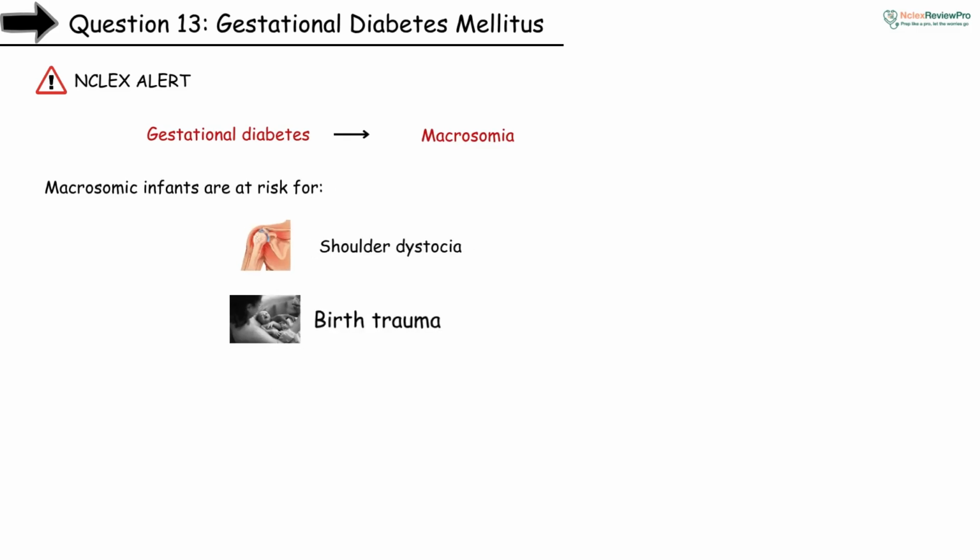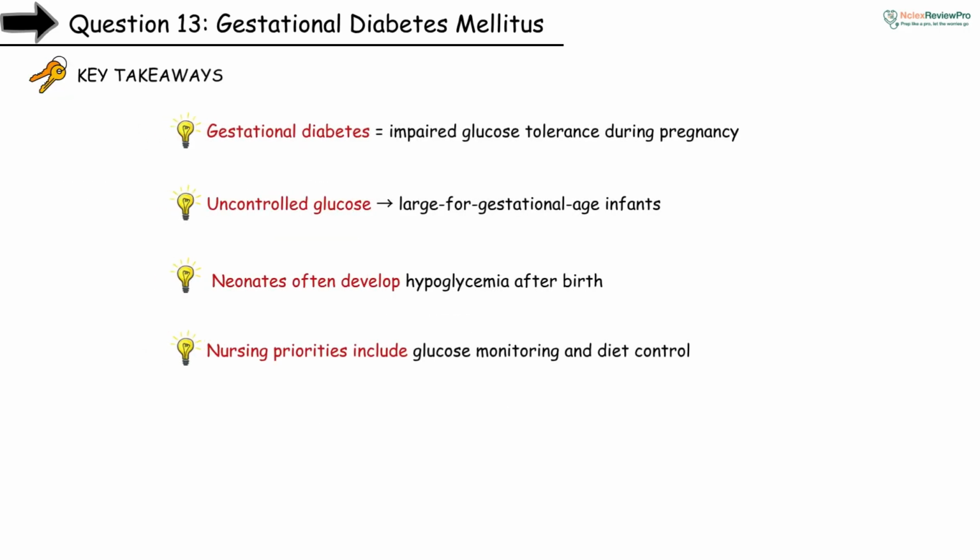Here's your NCLEX alert. When you see gestational diabetes, you should immediately think macrosomia, and macrosomic infants are at risk for shoulder dystocia, birth trauma, and neonatal hypoglycemia. Also, always remember, in endocrine-related questions, the priority is to control the underlying imbalance. So the key takeaway here is this.